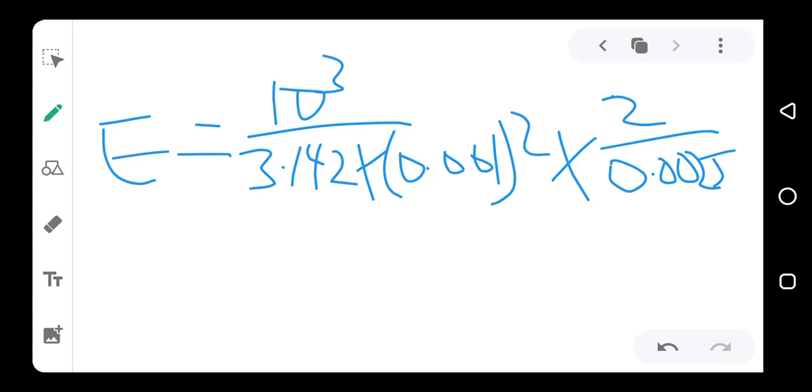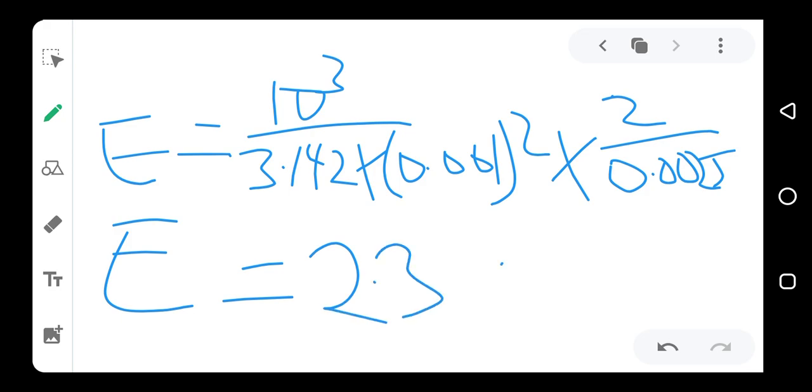If we solve this, E will give us 2000, since 10 raised to power 3 is 1000, times by 2 is 2000, and then we divide it with the denominator.